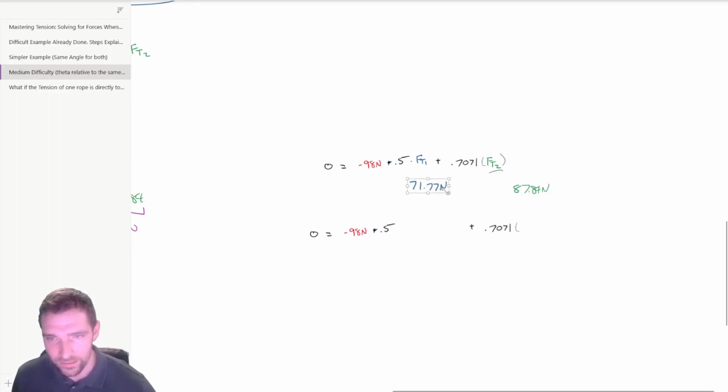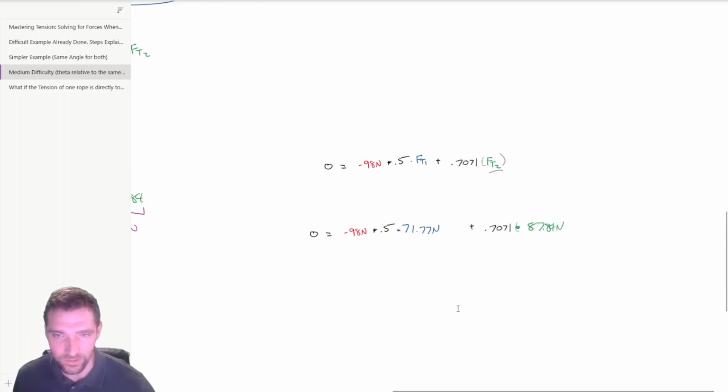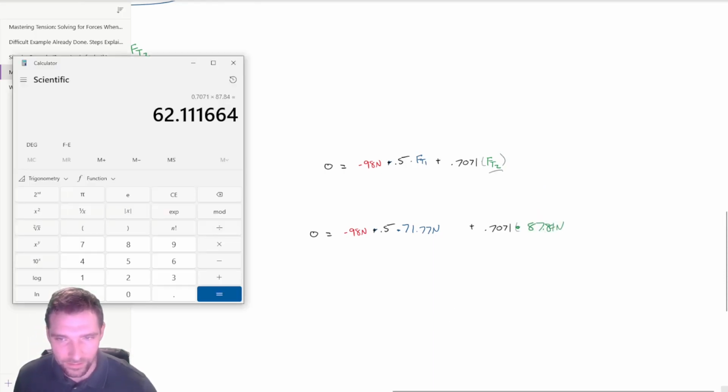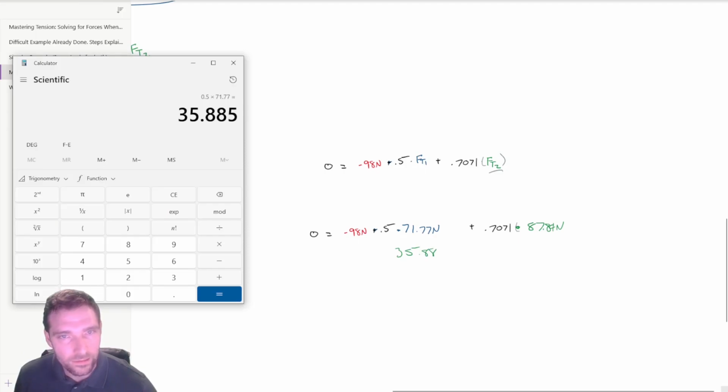Got that times this right here, and then that times that right there. And we should be able to solve for that. So 0.5 times 71.77, it's going to be 35.885.